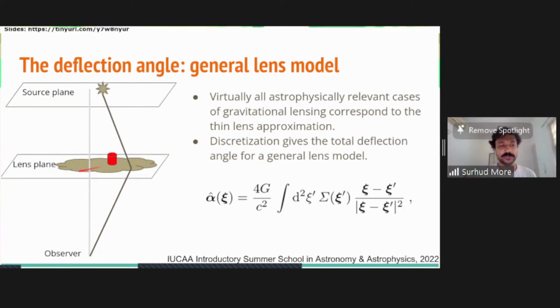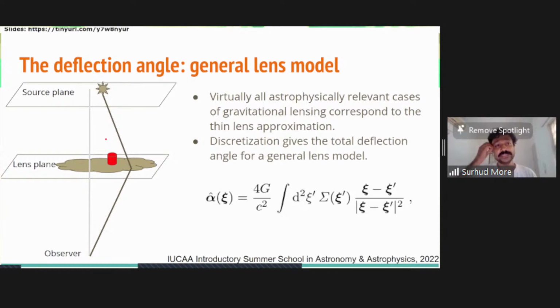In this particular approximation, what you are seeing is the observer, which is here. Then there's a source which is here, and the lens which is somewhere in between the observer and the source. So light which is coming from this source is getting deflected and then reaching this observer. Right? What I mean by the thin lens approximation is that the extent of the deflector which is causing this deflection is small enough compared to the distances between the observer and the lens and the source.